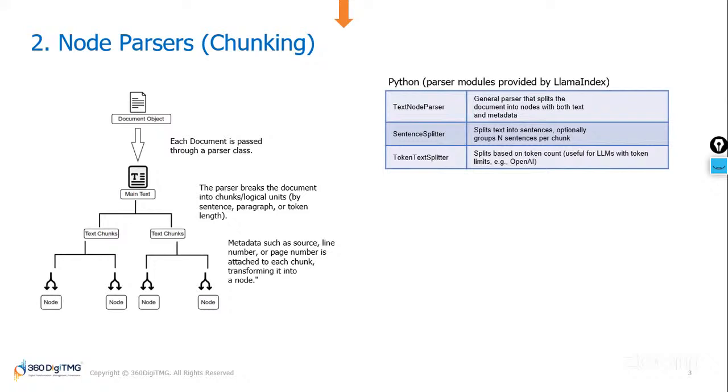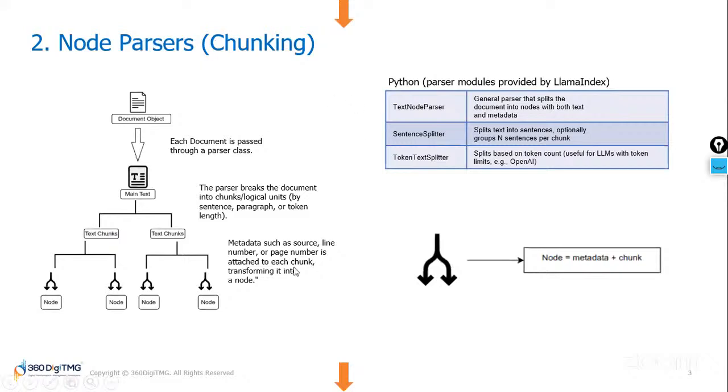Each of these chunks or nodes will retain the metadata like the source file, line number, or page number. This will make it easier to trace it back later. So these are the different parser modules provided by the LlamaIndex framework itself. You can have a TextNodeParser, SentenceSplitter, TokenTextSplitter, all these things.